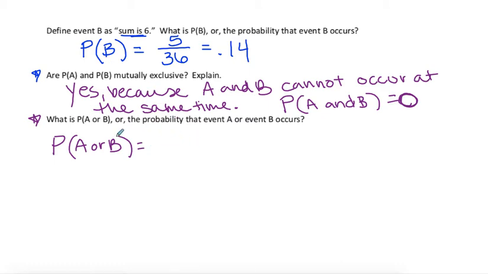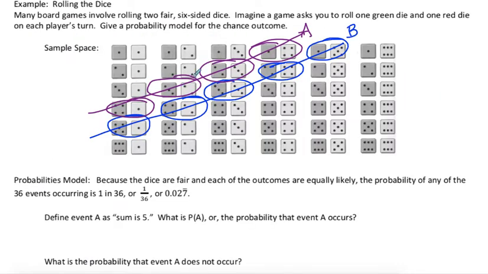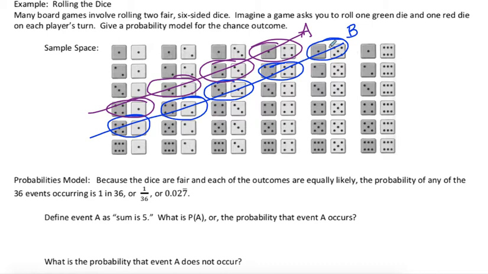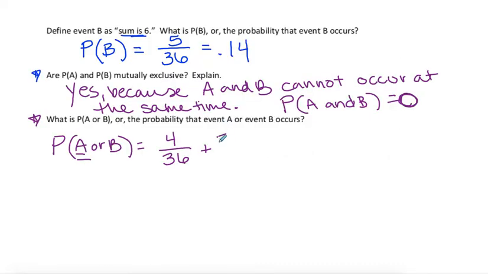The probability of A happening, we have 1, 2, 3, 4 out of our 36, plus our event B could happen, because this is the or part, and there's our 5 out of 36 happening. When we add those together, we get 9 out of 36, or a 25% chance that either the 2 dice add up to 6 or the 2 dice add up to 5.